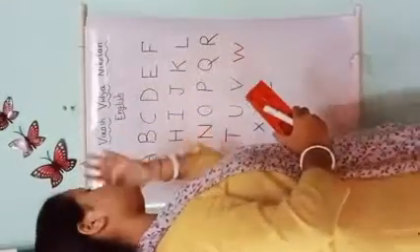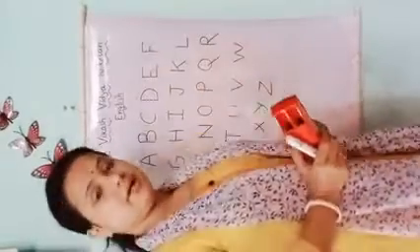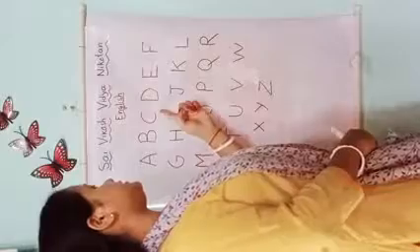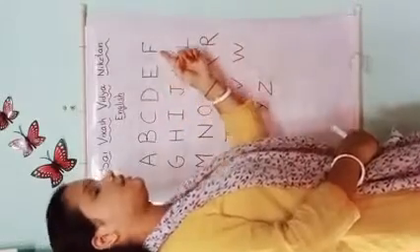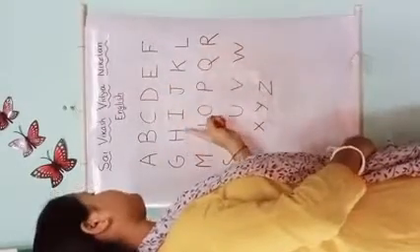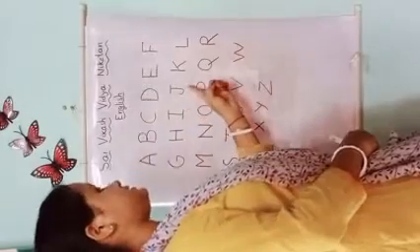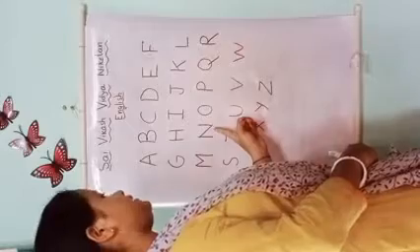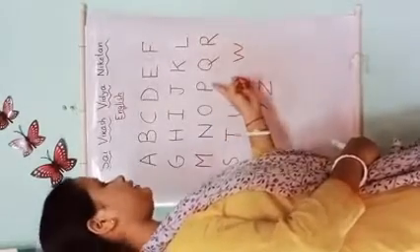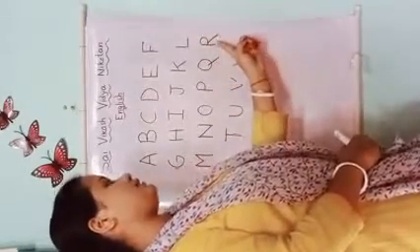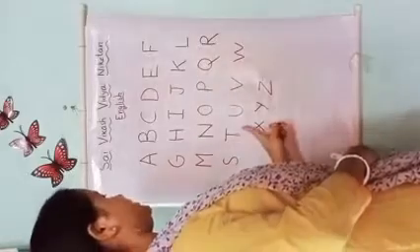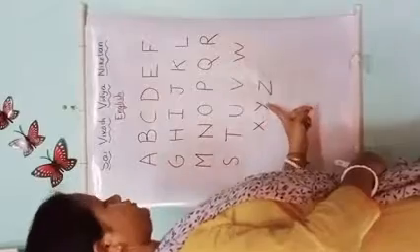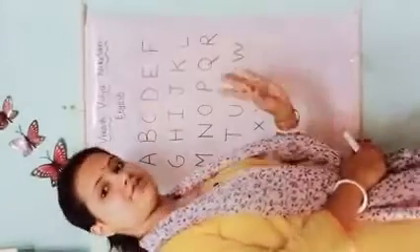So, okay. So, children, say with me loudly. A, B, C, D, E, F, G, H, I, J, K, L, M, N, O, P, Q, R, S, T, U, V, W, X, Y, Z. Okay, understood?